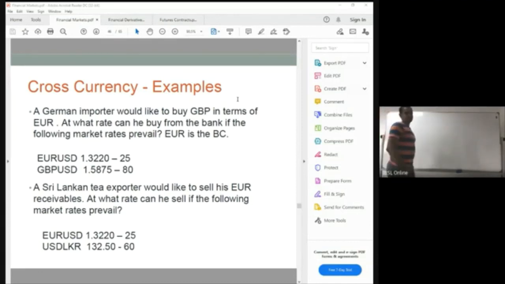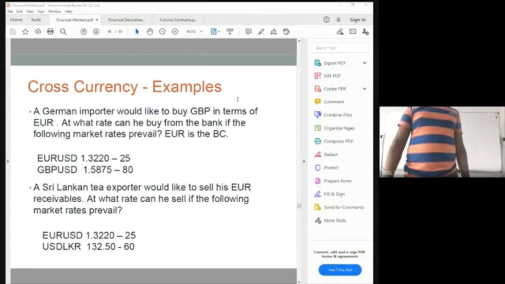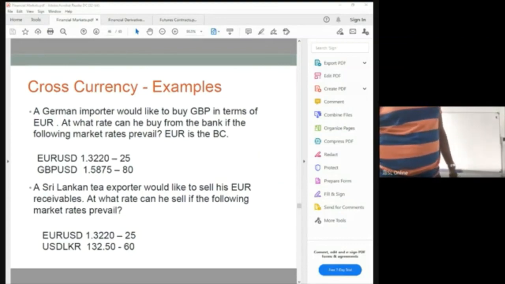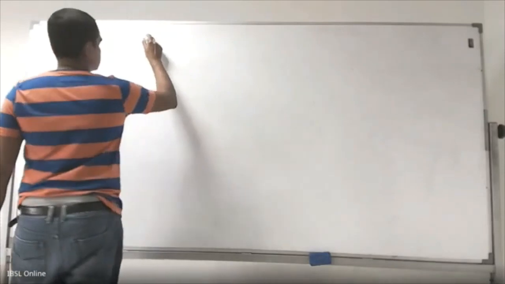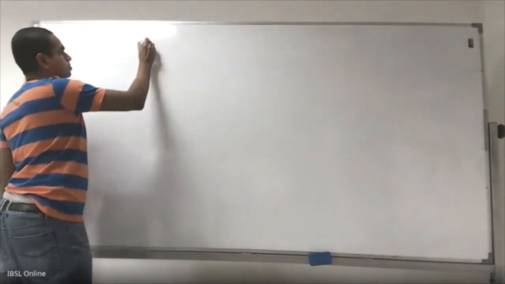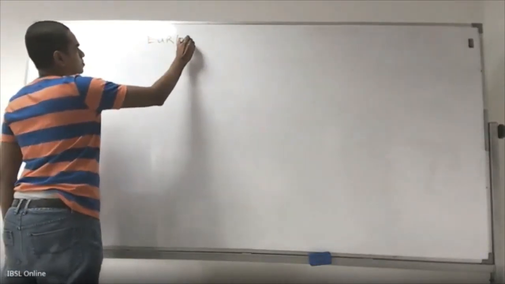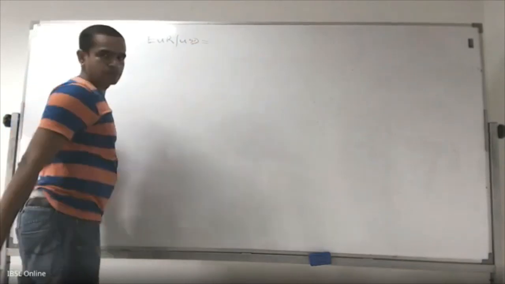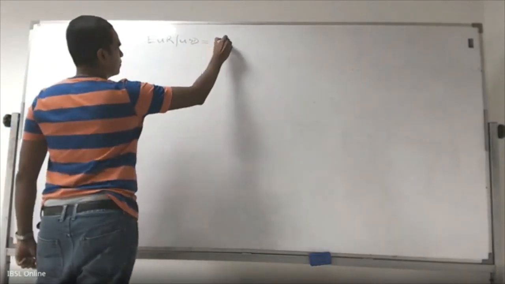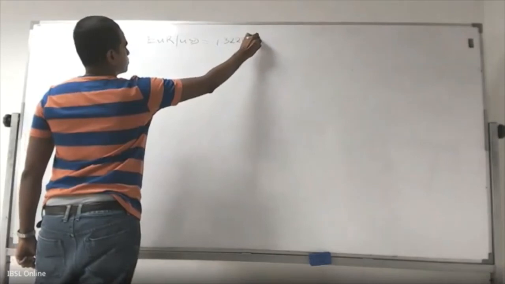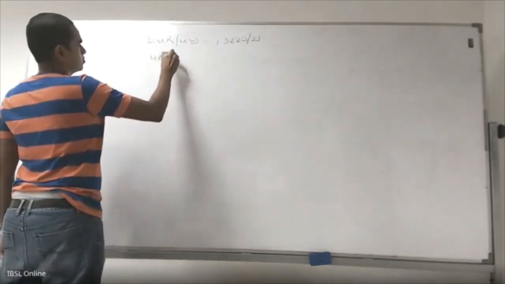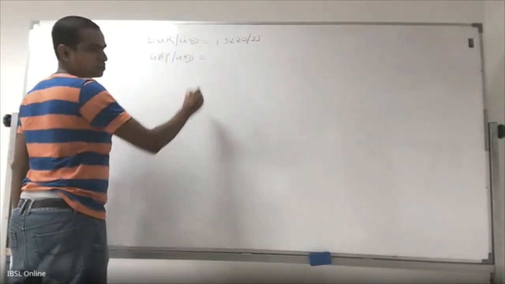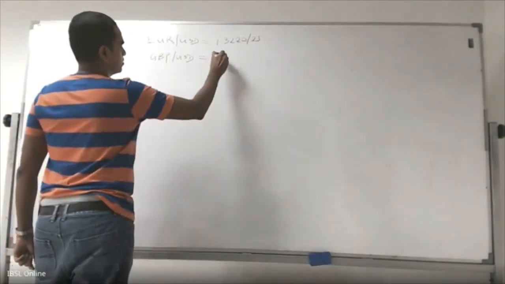German importer needs to buy sterling. You have been given euro dollar 132.20, 25, sterling dollar 158.75, 80.